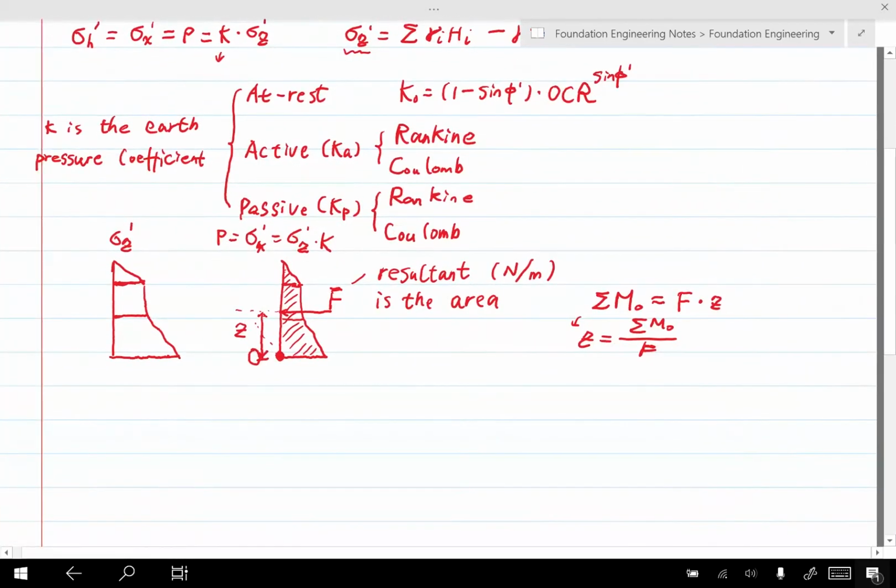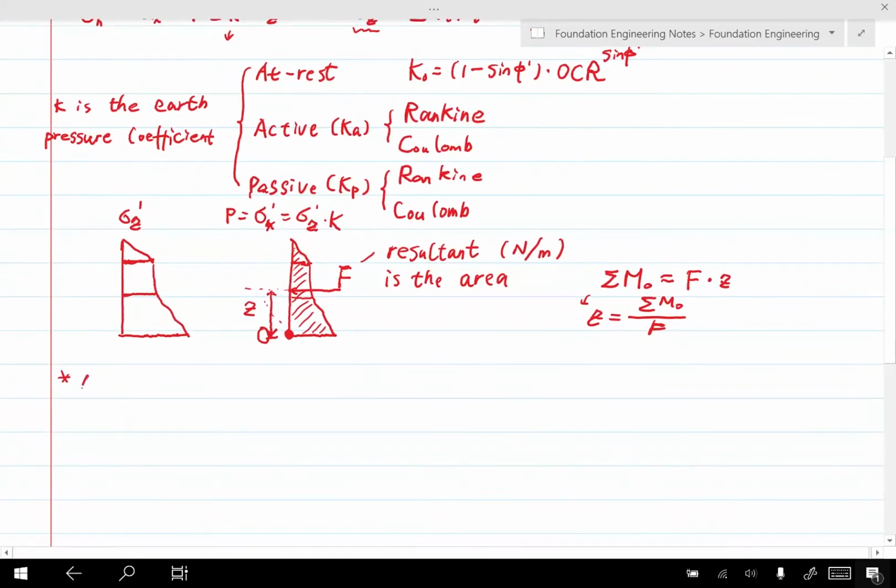And this philosophy applies to at rest, active, and passive pressures.